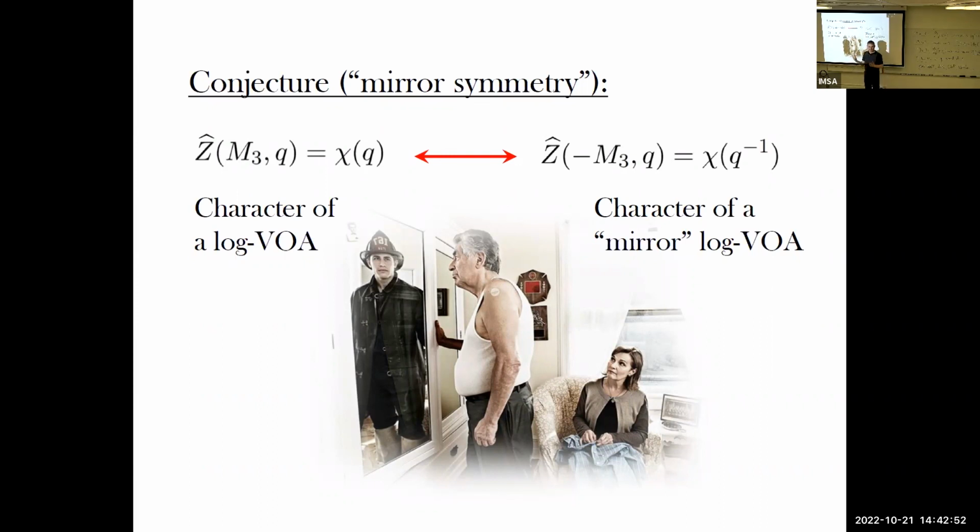In topology, that's a very simple operation, orientation reversal. But it induces a very interesting bijection on VOAs. So if the conjecture that this q-series invariant is a character of some VOA is true, then it means that these VOAs should come in pairs. And that's reminiscent of mirror symmetry for obvious reasons.